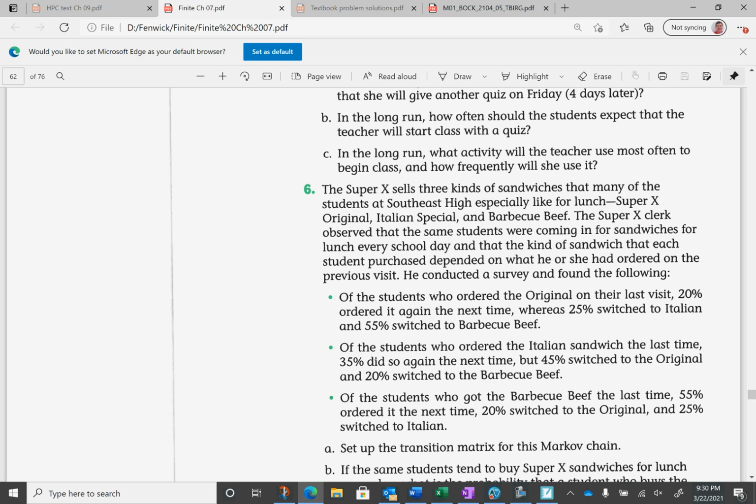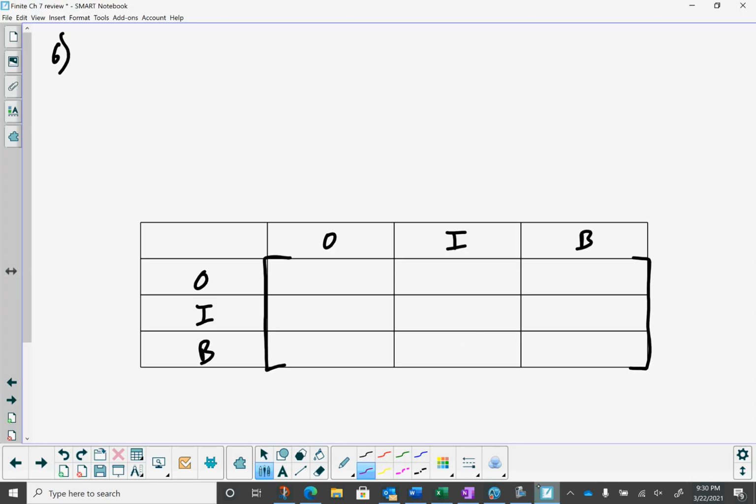So, they started keeping track of things, conducted a survey, and found the following. And again, we're supposed to set up the transition matrix in this lovely Markov chain. Okay, so it says students who ordered the original on the last visit, 20% of the time ordered it again the next time. So from original to original, 0.2.